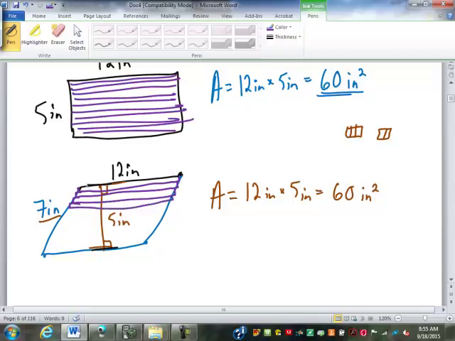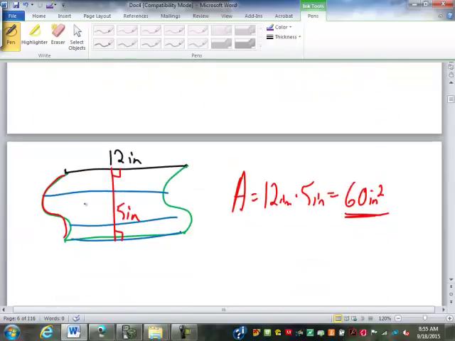By pushing them over, the height is still going to be 5 inches here. Doesn't change the height. Doesn't change the area of the end, it just changes the appearance. Well, same thing down here. I can still have those thinly sliced rectangles. They're just kind of pushed in weird directions. It's still the same area on the end, same height.